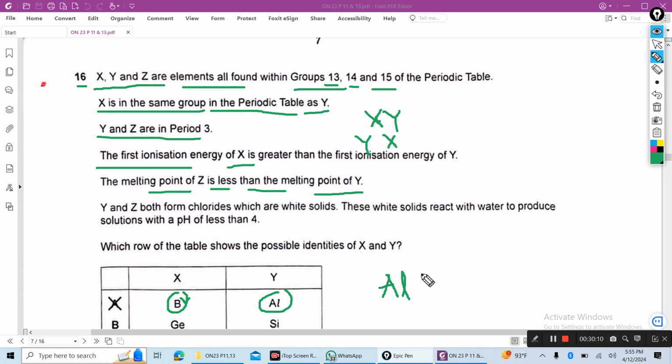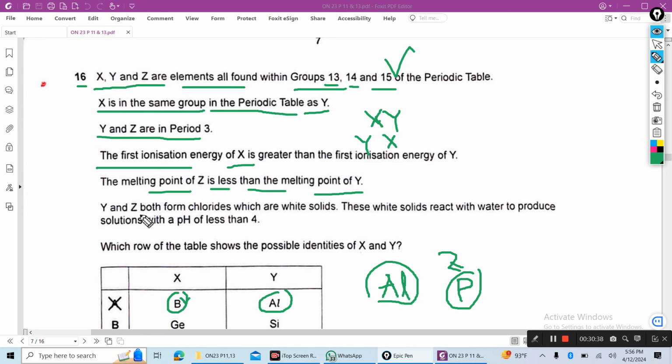The melting point of Z is less, so Z will be phosphorus, as group 15. So Z, phosphorus, has less melting point than aluminium, Y.